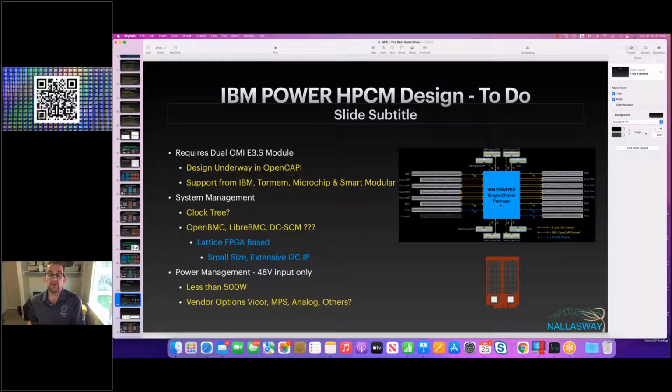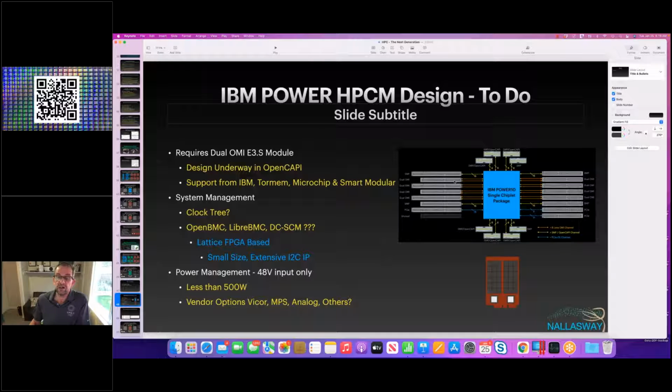Obviously, we've got CXL coming down the road with the other processors, and GPUs support HBM. So this is a good candidate for external serial memory for us to start with, and that uses the OMI interface, the Open Memory Interface. And finally, they've got 32 PCIe lanes on the Power 10 as well. So that's the configuration of that one.